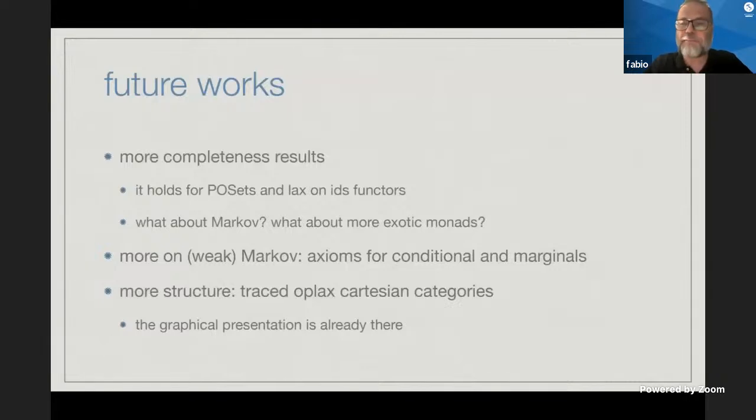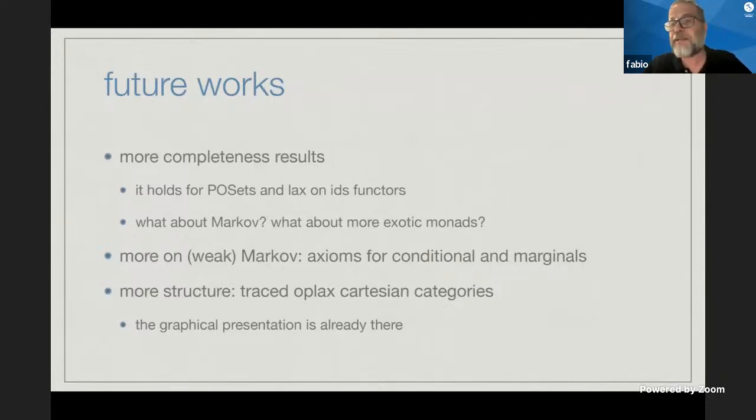Since we know that now we can play with some structural axioms for Markov, we would like to do the same also for conditional marginals, which are a key issue in Markov and in general in categorical stochastic semantics. And of course, we would like also to have a bit more structure, for example, traced oplax Cartesian categories.